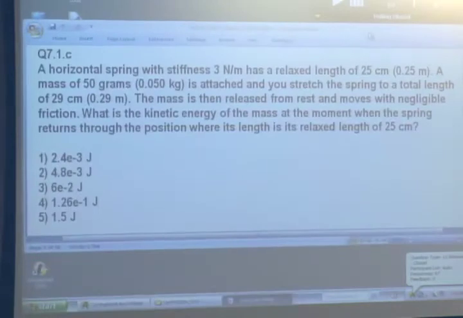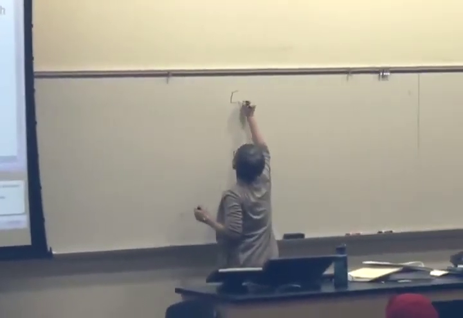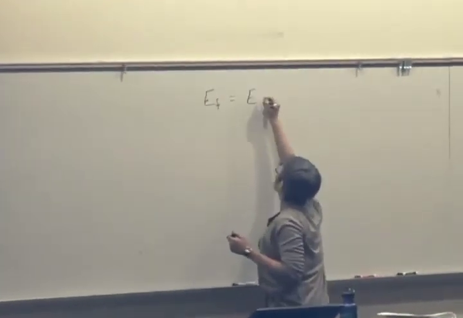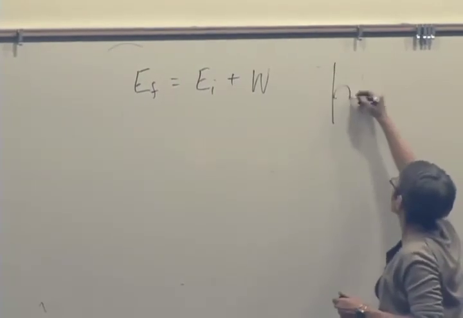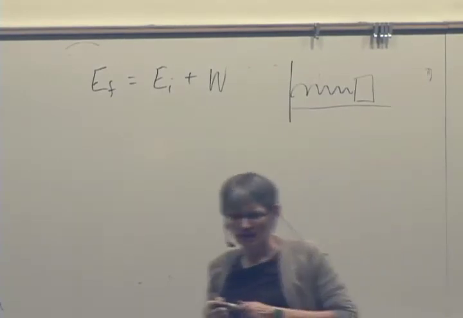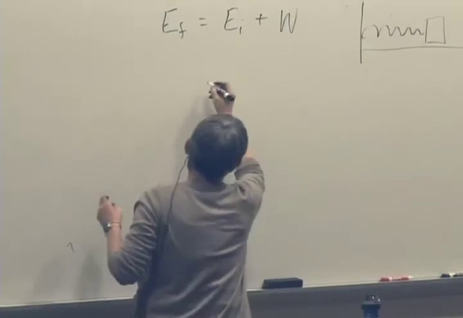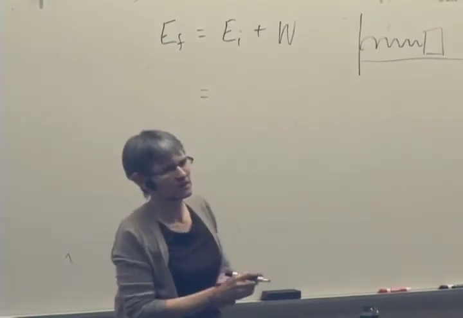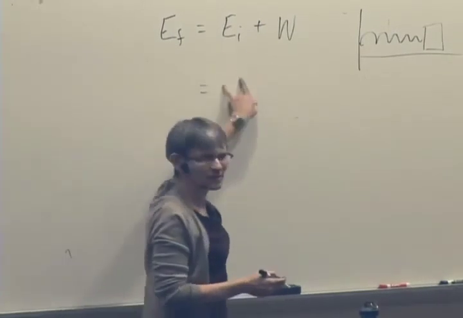So let's see what our energy equation looked like. Presumably it said E final is E initial plus work done by the surroundings. And so what are the energy terms we had under E initial?